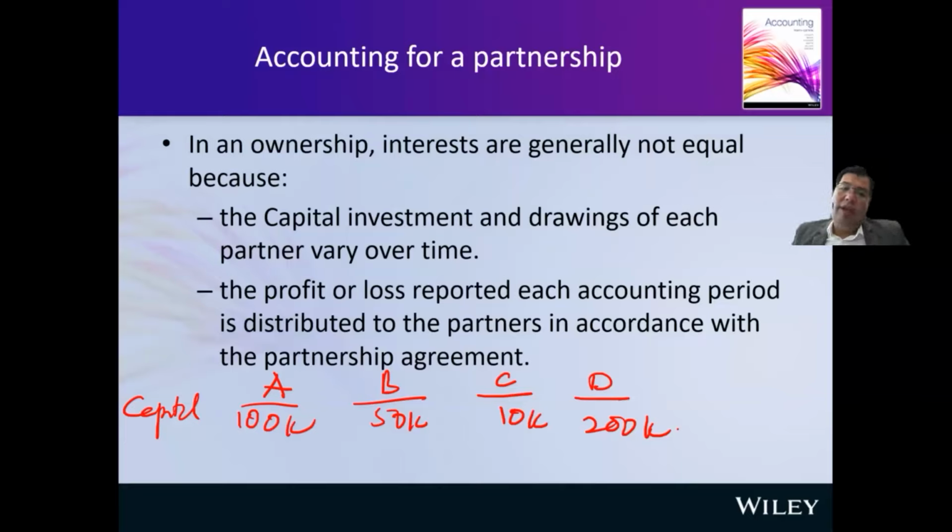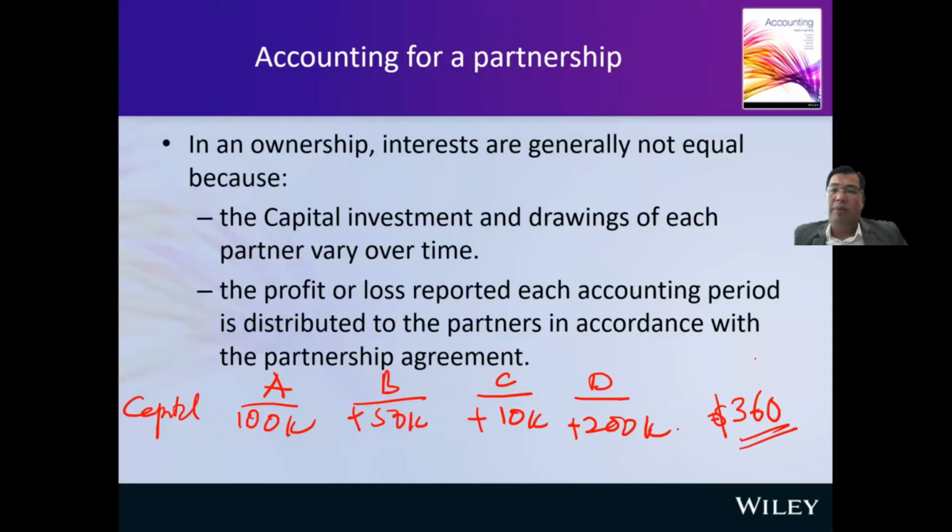Same goes to the profit. The profit and loss reported each accounting period is distributed to the partners in accordance with the partnership agreement. For example, in this context, we have 100 plus 50 plus 10 plus 200. So the total is 360,000. This is the capital.